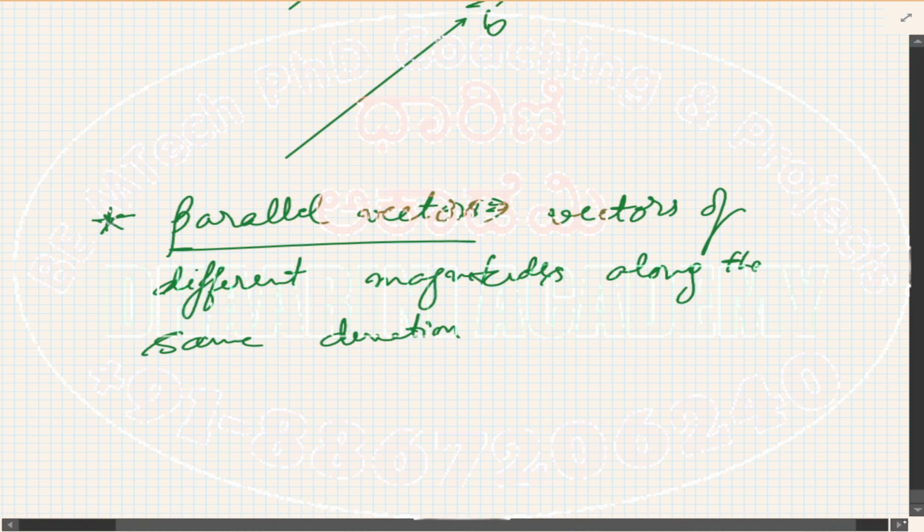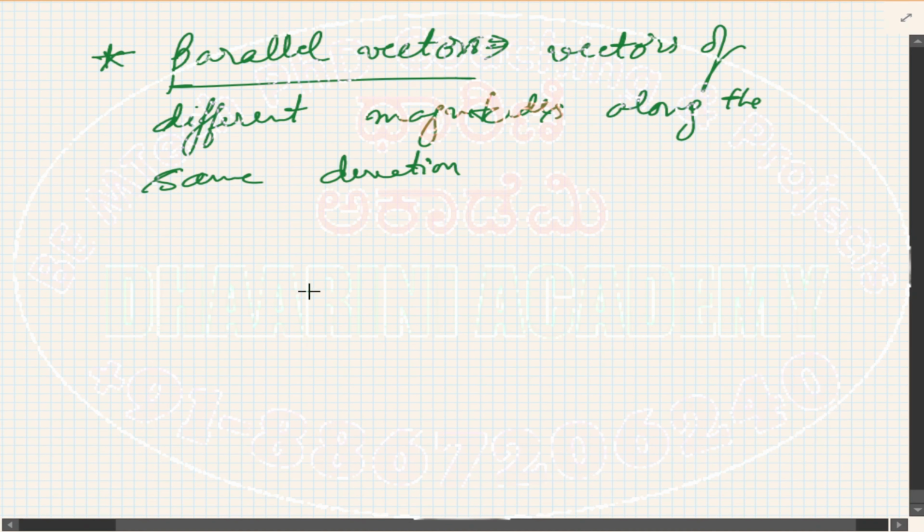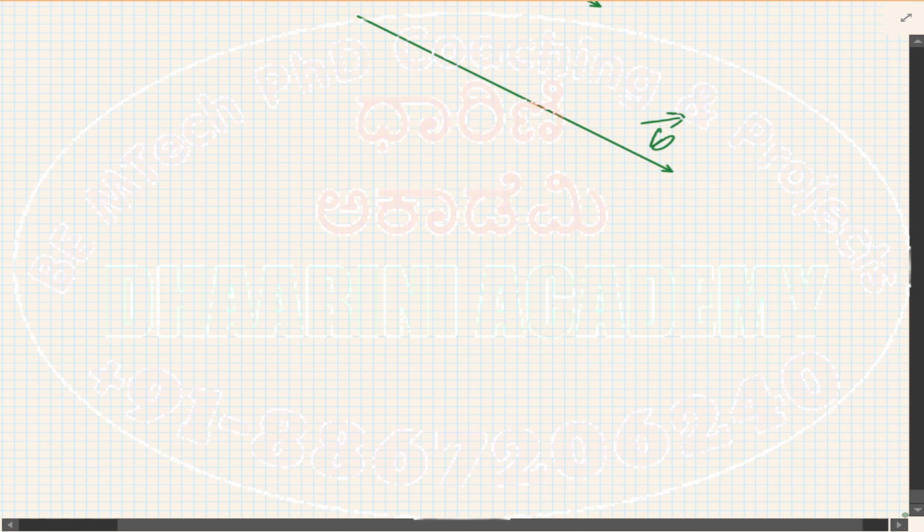This is called the parallel vector. So let's take an example. This is the first vector. So now I increase the length of this vector. So first vector is vector A, second vector is vector B. Now we see their direction remains same, but the lengths are different. That's why they are called parallel vectors.